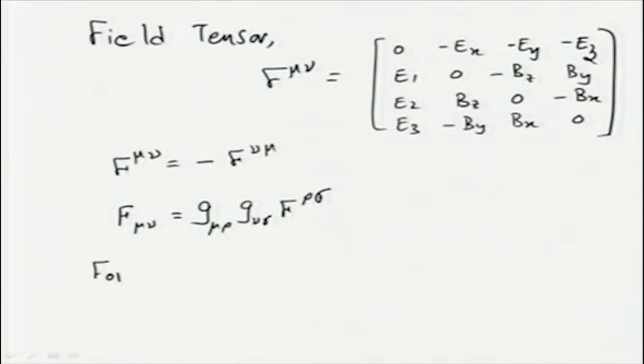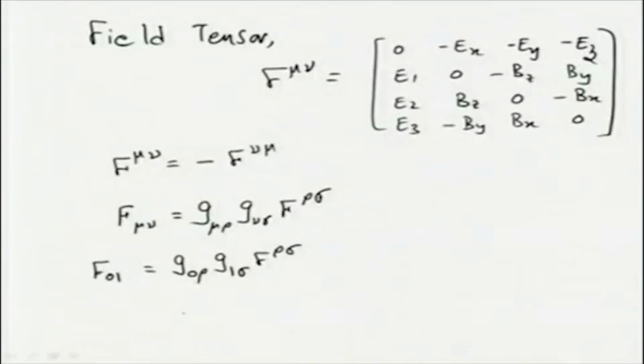Of the off-diagonal elements, F 0 1 is equal to G 0 rho, G 1 sigma, F rho sigma, where mu is fixed to be 0 and nu is fixed to be 1, and rho and sigma are summed over. But we know that G is a symmetric diagonal metric.